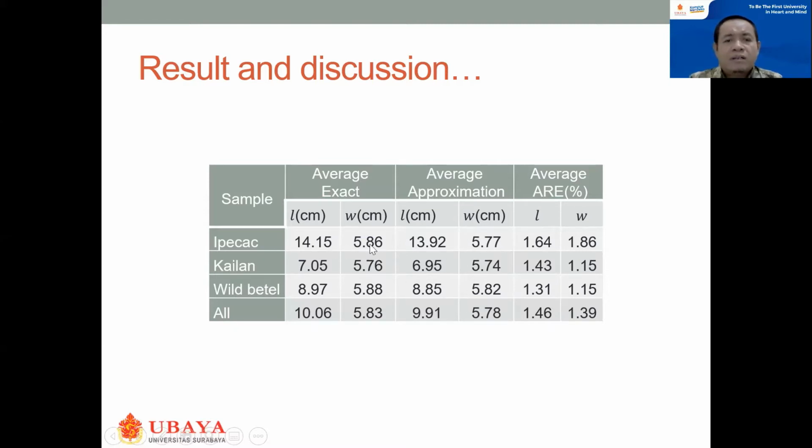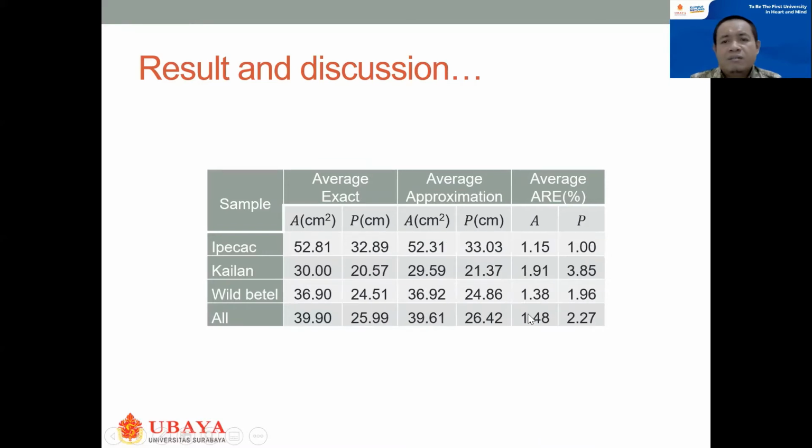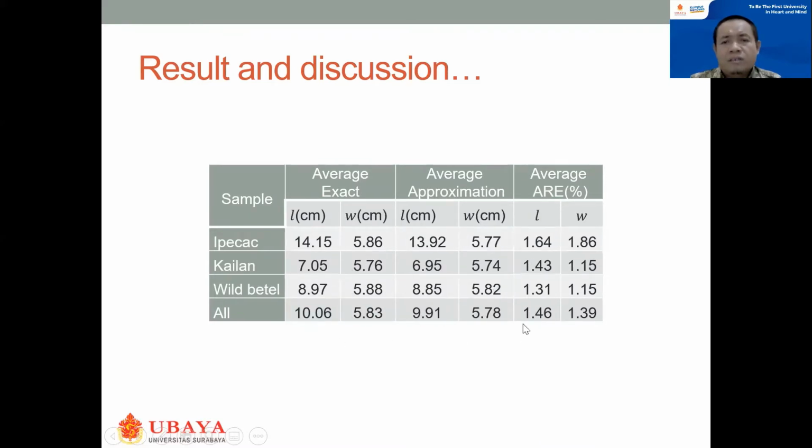Yeah, the exact and the approximation are very close to each other. And we produce the absolute relative error for all samples. For length it is 1.46%, and for width it is 1.39%.